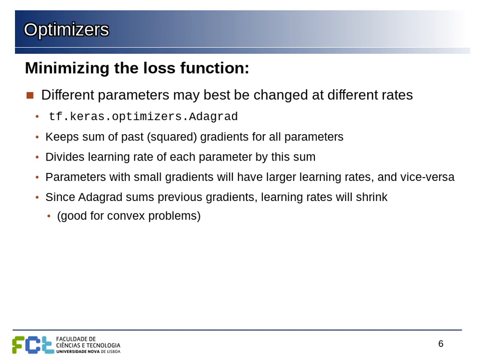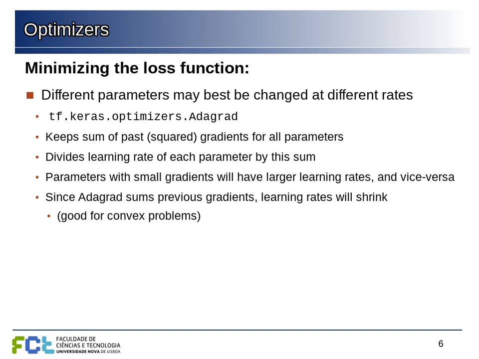One of the things this does is that parameters for which the gradients have been large will now be trained slower than parameters for which the gradients have been smaller. And this compensates for the difference in the magnitude of the gradients. So the different parameters tend to be changing at the same velocity, instead of some being much slower than others.